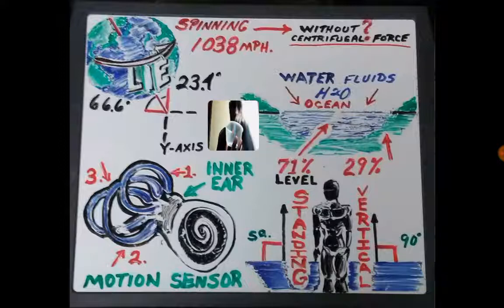Water seeks ground zero, fills the container, and settles flat on top. Water always settles flat on top. If I were to fill this bowl with water, any kind of fluid, without letting it overflow, it would settle flat on top. Just as you see over here.